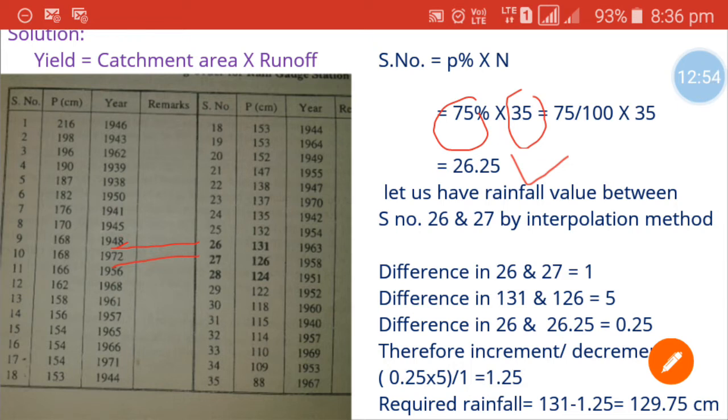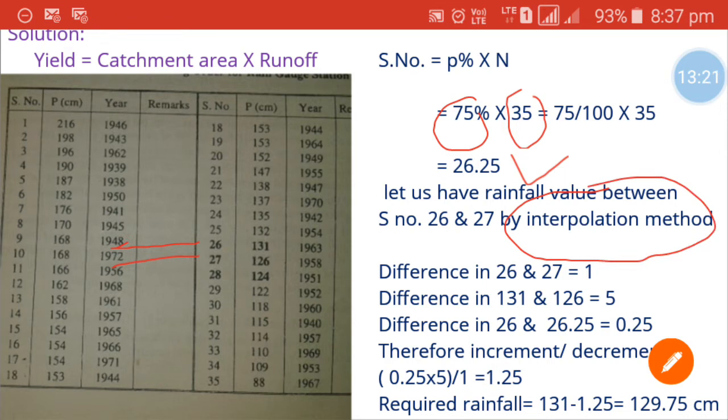Now how to obtain the rainfall corresponding to 26.25? Roughly, we can take just the mean of these two, that is 131 plus 126 divided by 2, but that will not give us the accurate value. So to calculate the exact value, we should follow the interpolation method.